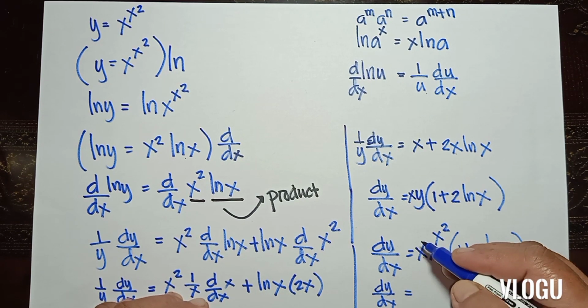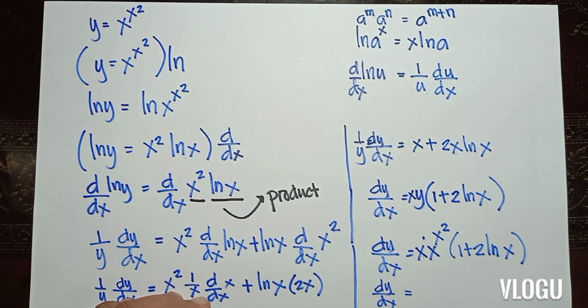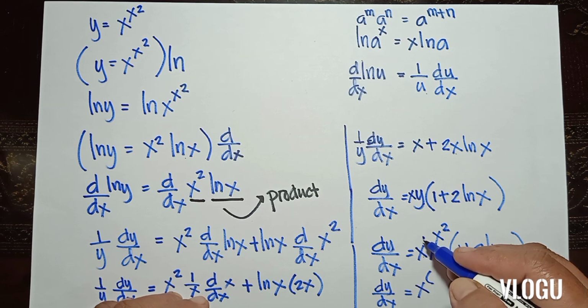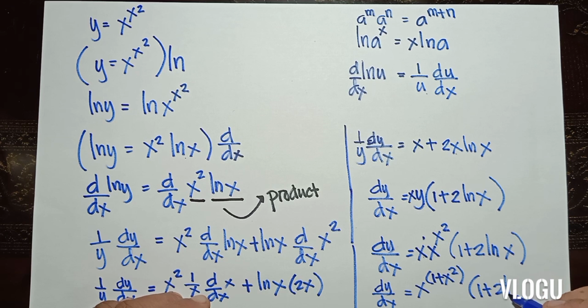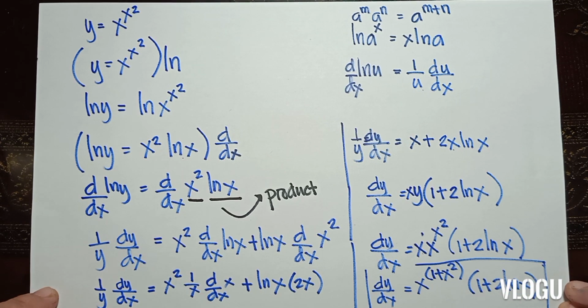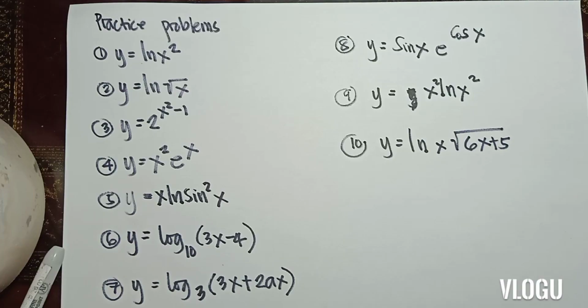So here we have an exponent of 1. So that's the reason you will have x raised to, what is your exponent here? 1 plus x squared. Okay. Times 1 plus 2 ln of x. So that is now the final answer.